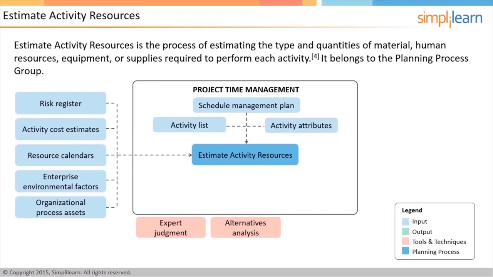Along with the two techniques, many organizations routinely publish their estimating data, and this could be used in activity resource estimation. Another technique that is routinely used in activity estimation is bottom-up estimating, which is decomposing the activity further down to understand it in more detail and estimating at that level.